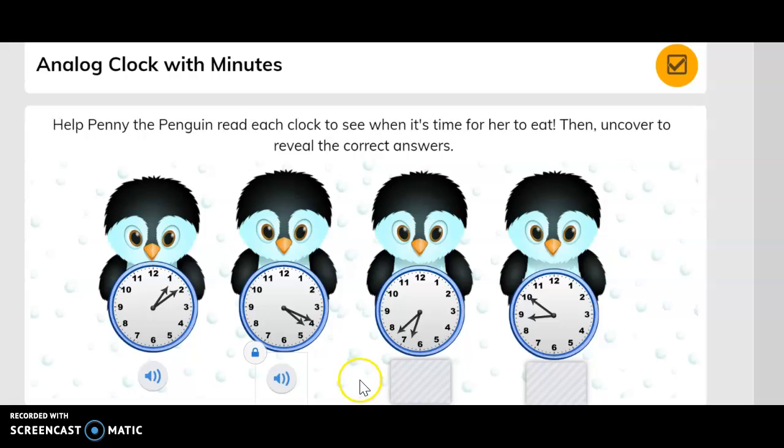Second clock is 4:19. Third clock is 6:38. Fourth clock is 8:51.